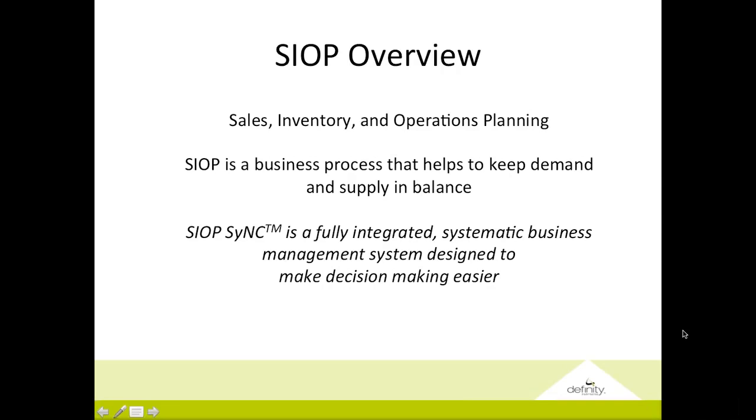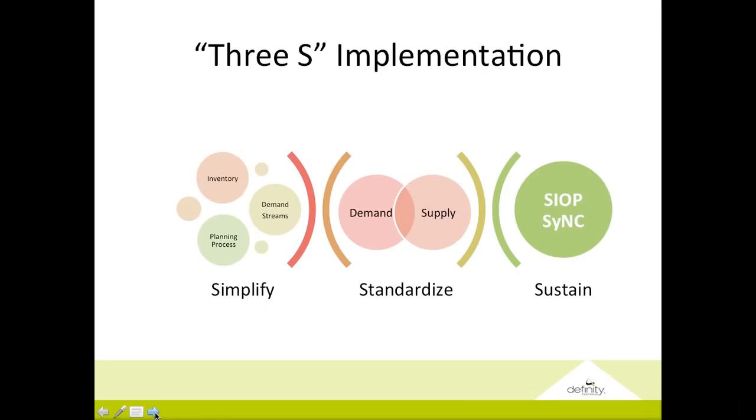So let's talk a little bit about that implementation process. For the sake of simplicity today, let's break this down into what we call the 3S implementation model. If you're thinking today, I need to implement new SIOP processes, first of all, you do not need, and maybe this is a scandalous statement to make on a webinar about SIOP, you don't need SIOP to run your business.